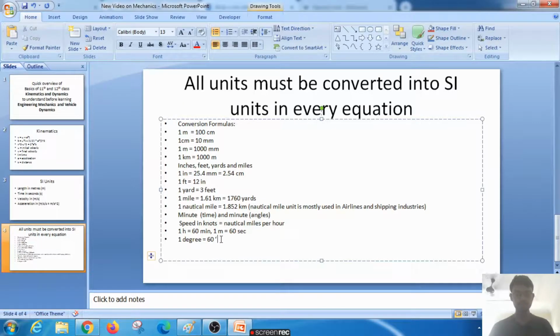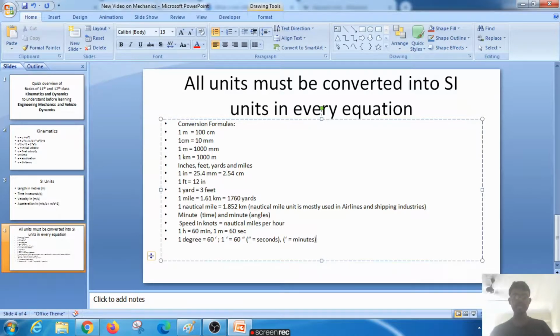And 1 minute is equal to 60 seconds, right? Seconds is denoted with a double apostrophe, that is double quotes. And single apostrophe is for minutes.